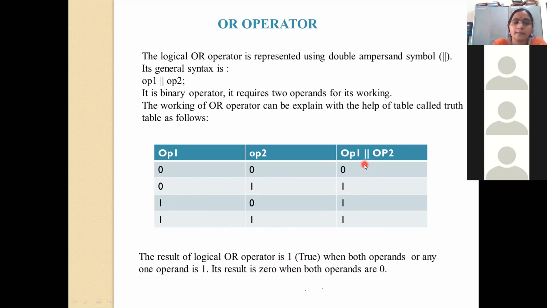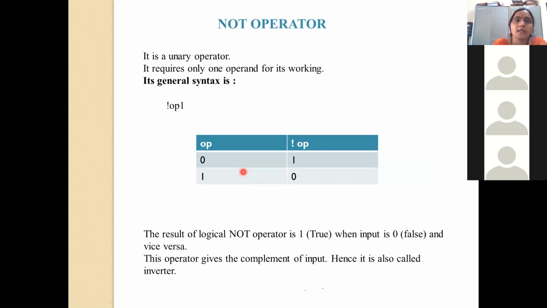As it performs an operation like addition, you will get the result 0 only when both the operands are 0. Okay, clear? And the last remaining operator of the logical category is the NOT operator.